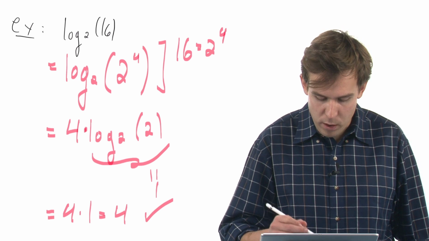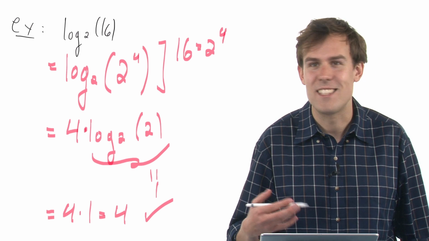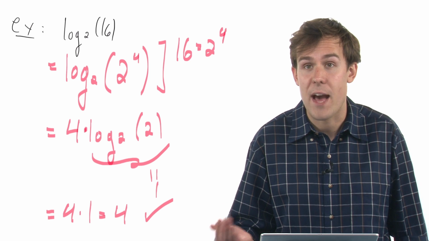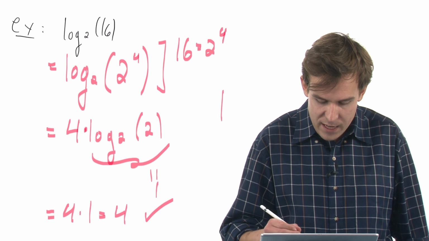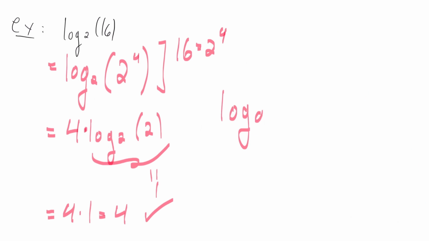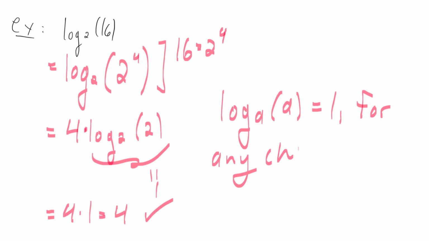I did use an important trick here, or again, I say trick, but really you should think of it as a basic principle of how this operates, which is that log base a of a equals 1 for any choice of a.